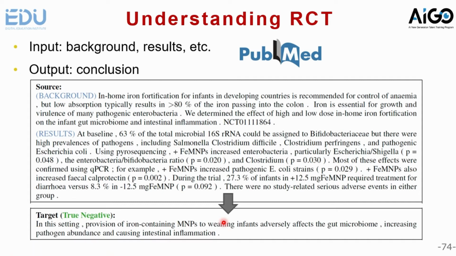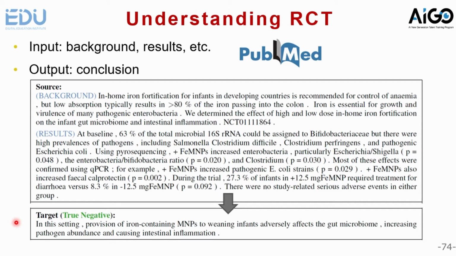And what did we do? First of all, this is the source document. It has the background about the experiment, the result, and the conclusion, which states, for example, whether this drug has a positive or negative effect. For this one, it's negative, okay?